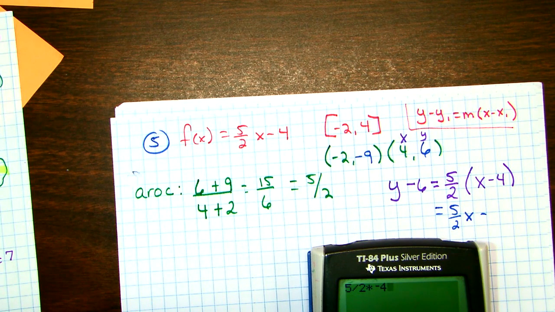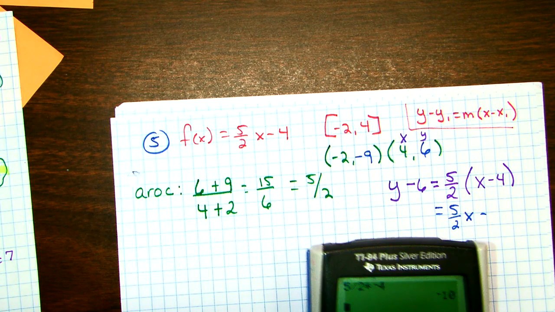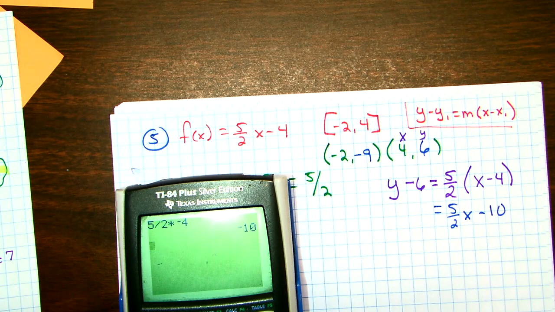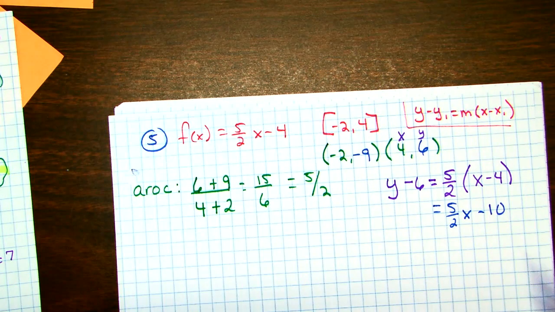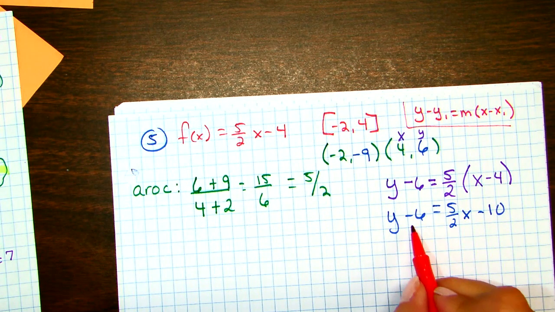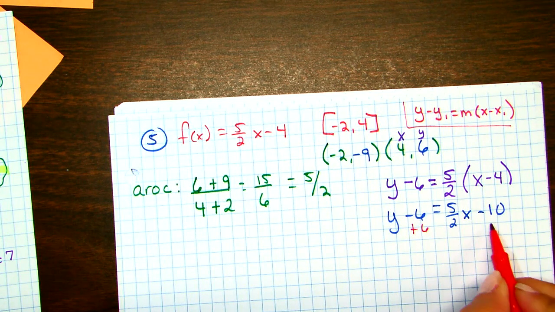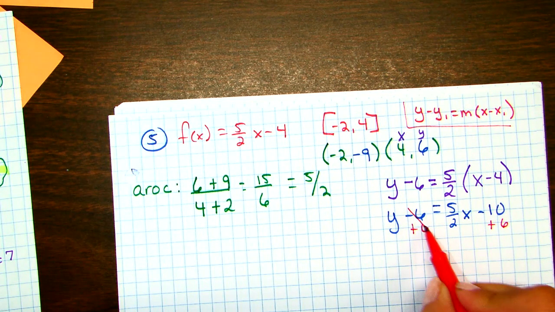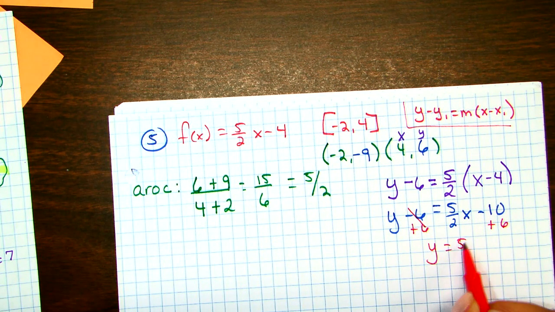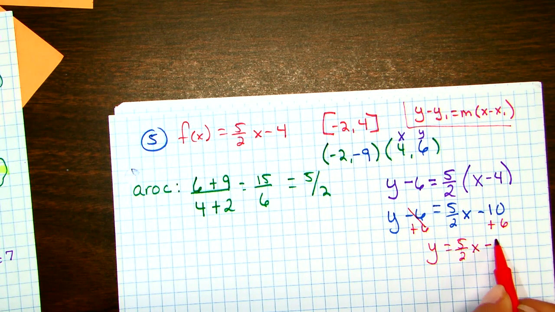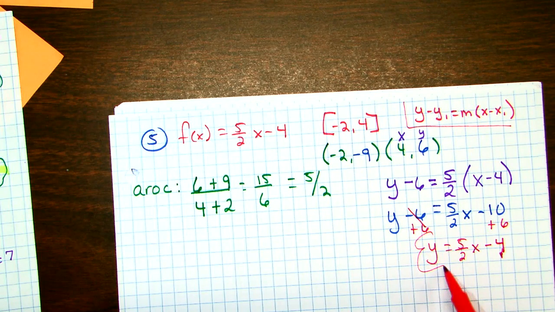That's what that says. 5 halves times -4 gives me -10. And of course, get y by itself, add like terms, go over here. That's our answer. That's right.